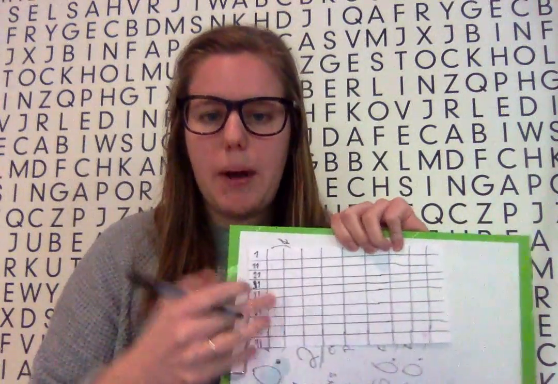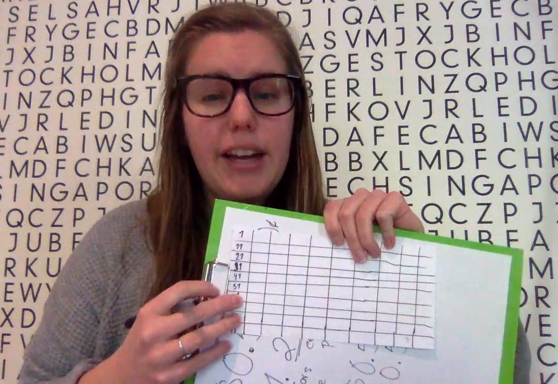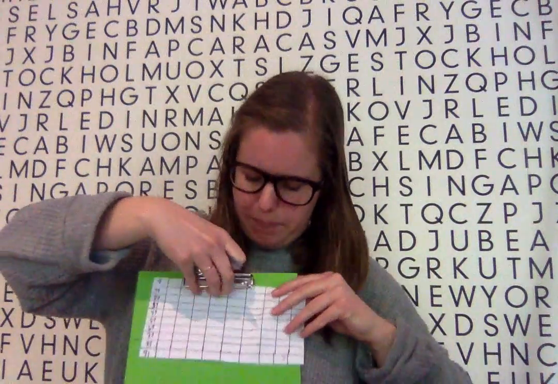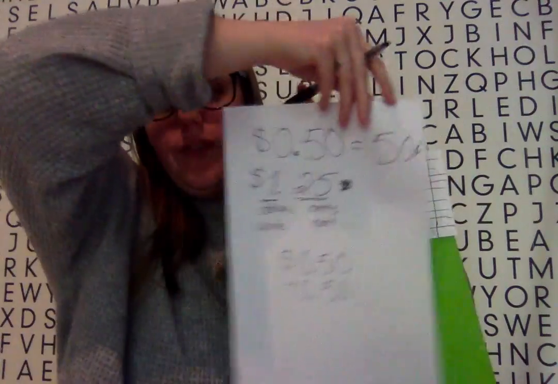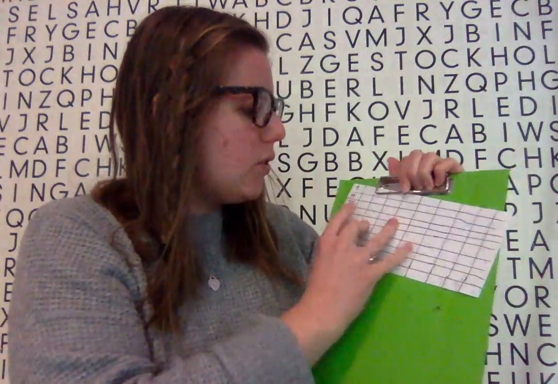In our 100 square, we have 100 different pieces. It's kind of like our dollar, because in our dollar we have 100 of these little pennies. So we can use our 100 square to represent $1. If I have 50 cents, I'm going to color in my 100 square to 50.